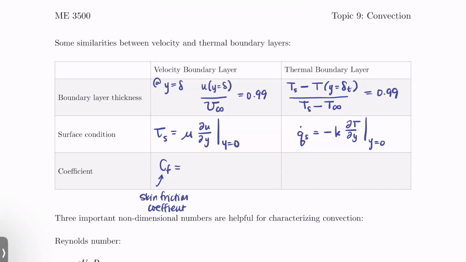And it is defined to be the shear stress at the surface divided by rho U infinity squared over 2.